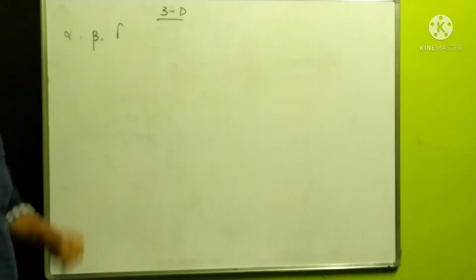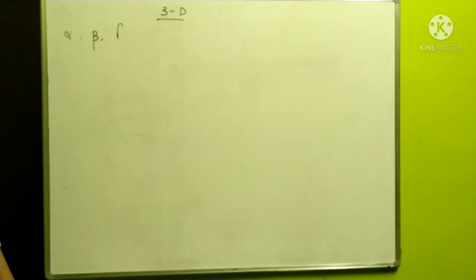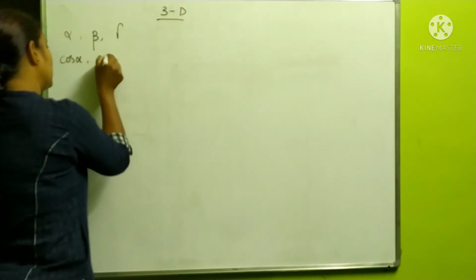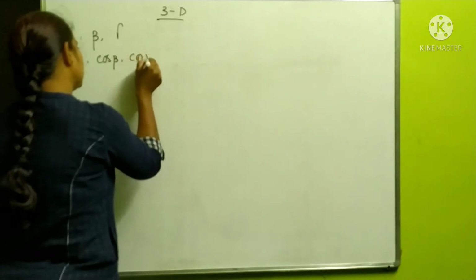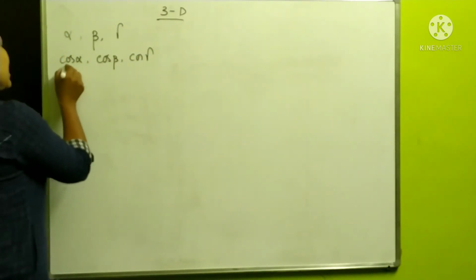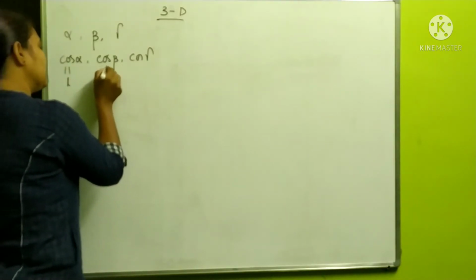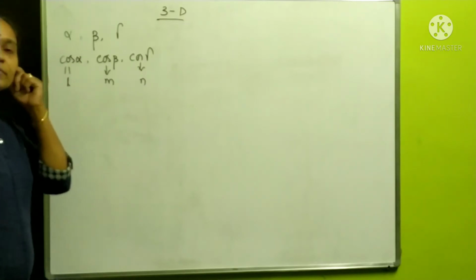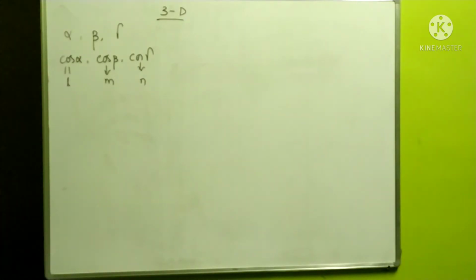Alpha, beta, gamma are called direction angles, and cos alpha, cos beta, cos gamma are called direction cosines. Cos alpha is L, cos beta is M and cos gamma is N. Direction cosines are always denoted by L, M, N.